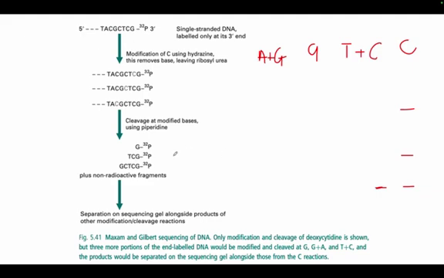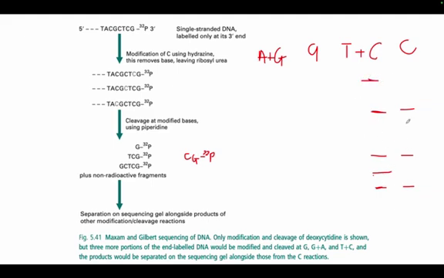So in the T plus C reaction, we will also get this product, since it's being cleaved after this thymine. So we'll get another band here. We get a band here, a band here, and here.